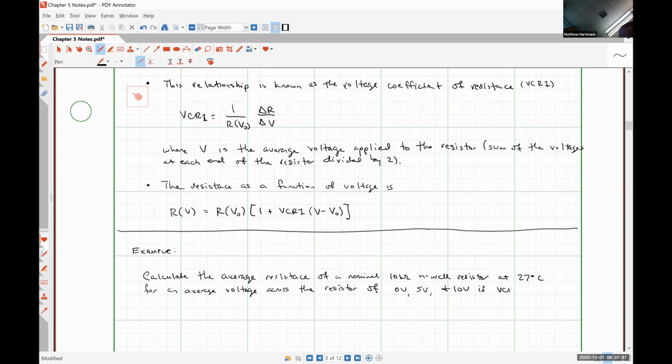If VCR1 is 8,000 parts per million per volt.